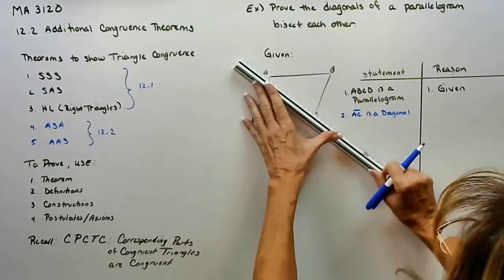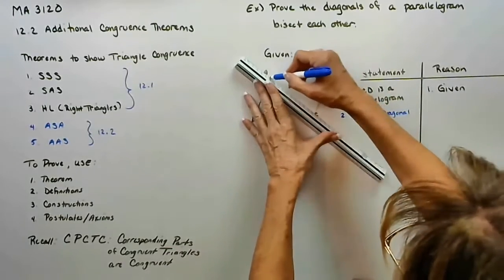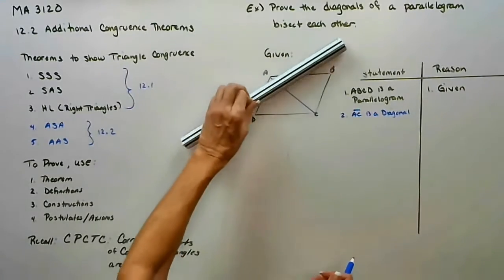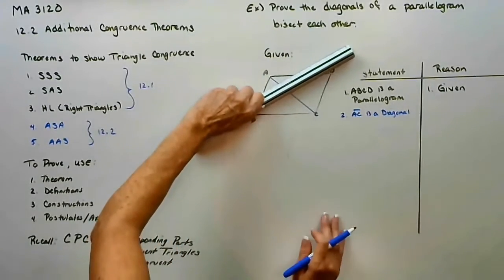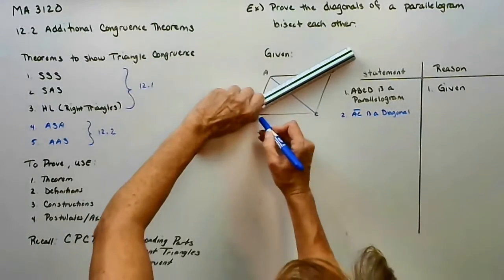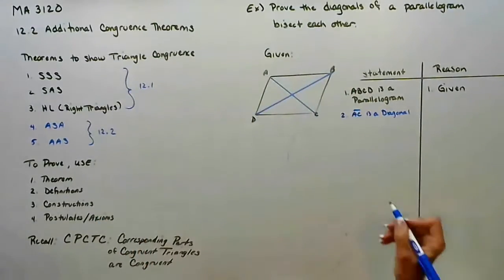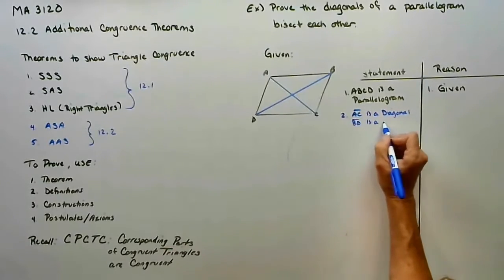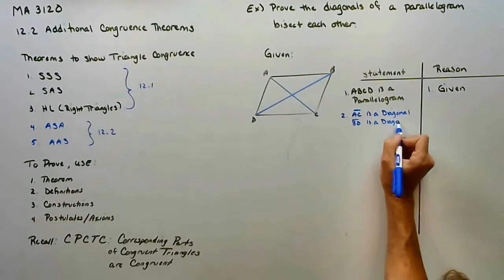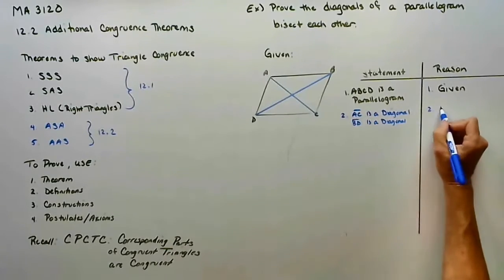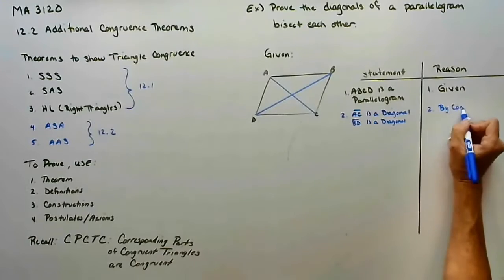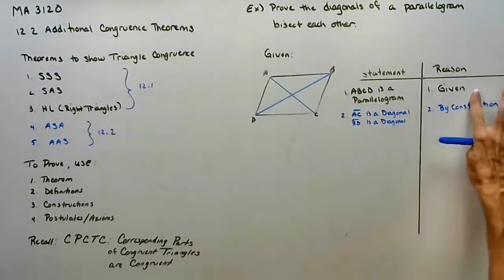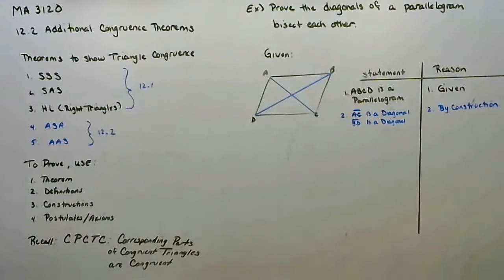How come? Because I used my straight edge to make it a diagonal. I'm going to do the same thing with BD. I'm going to use my straight edge to construct that diagonal. Oops, no. There we go. Sorry about that, by construction.